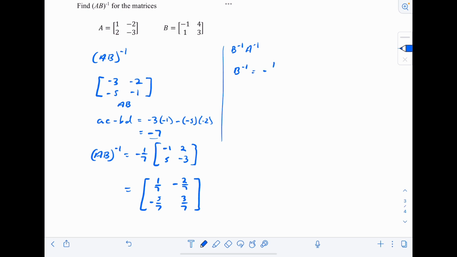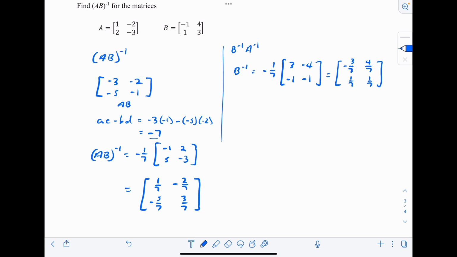So -1 over 7 times 3, -1, -4, -1. So that matrix is -3/7, +4/7, +1/7, and +1/7.